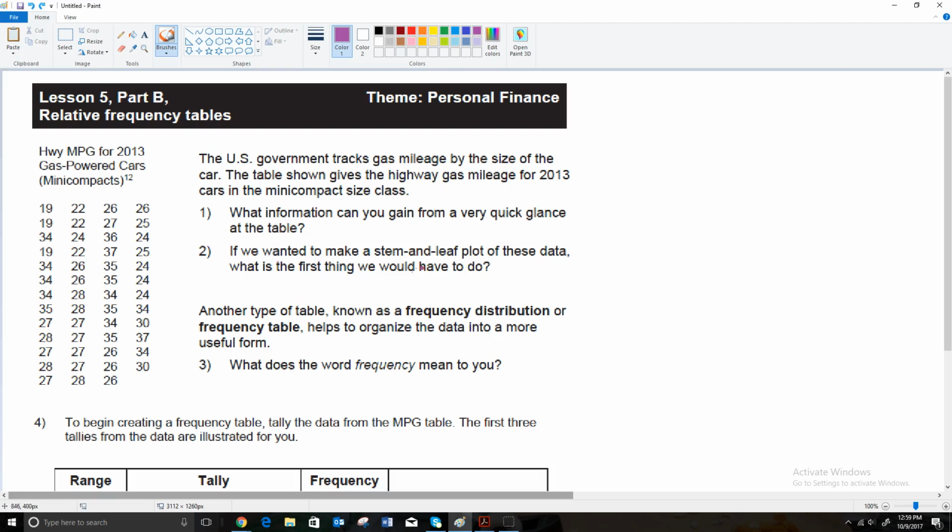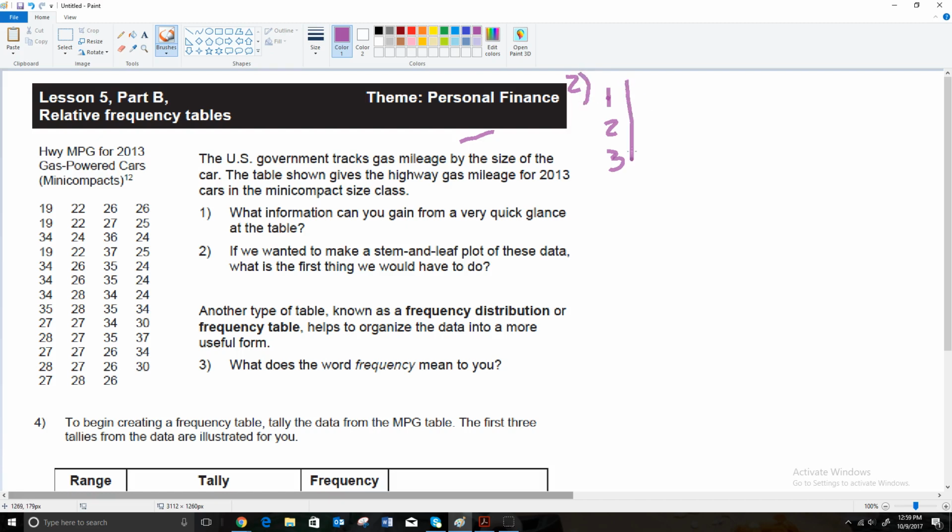If we wanted to make a stem and leaf plot of these data, what's the first thing that we would have to do? Well, we would have to make the stems, or the stem, and then we'd have to put the leaves. This would be kind of a real long stem and leaf plot, not very tall. So if we were going to make a stem and leaf plot out of this, we'd have to do 1, 2, 3.